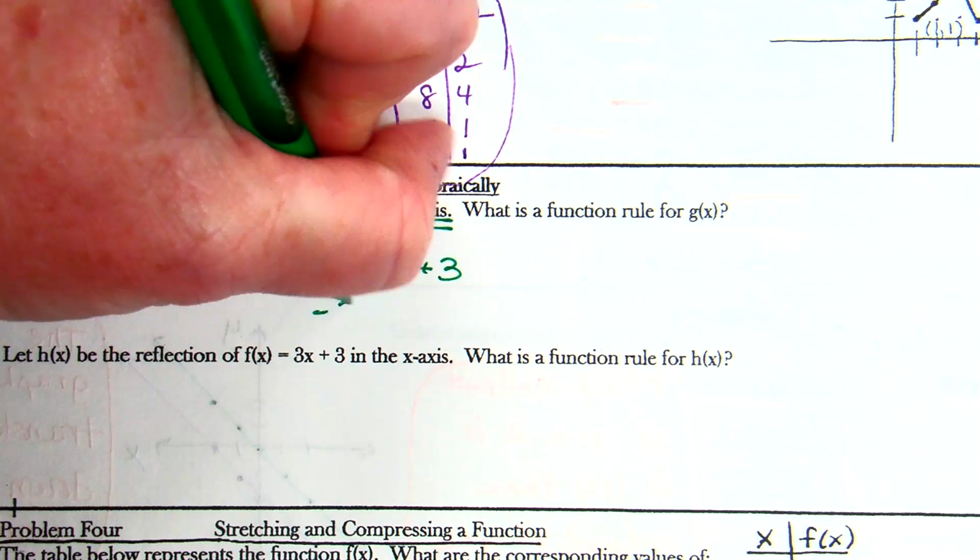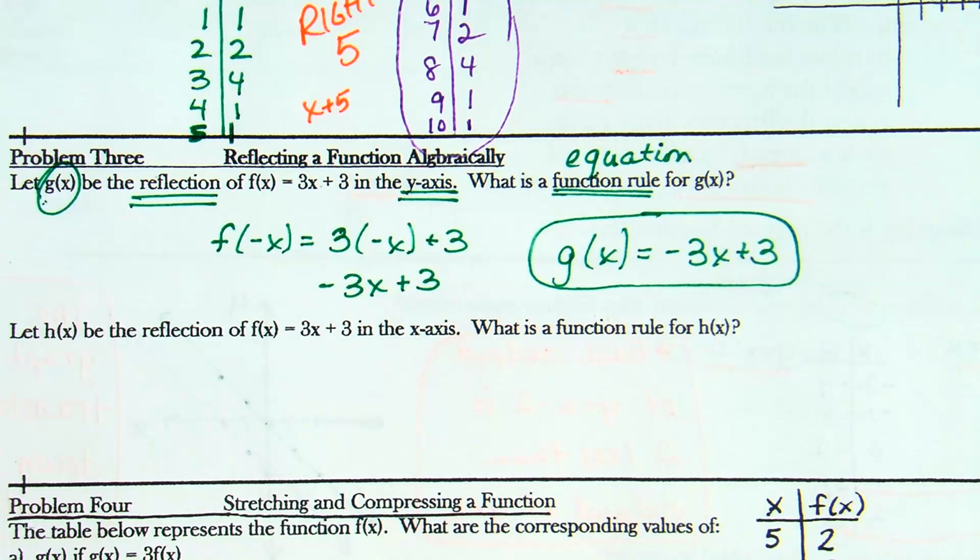Okay? When it asked me to write an equation, it told me to use what? G of x. And we put negative in, what did we get? Okay, well, so it said let g of x be the reflection of f of x. So once we do the reflection, which means we do f of negative x, we put negative x in for x, then that is the reflection, and they told us to call it g of x.